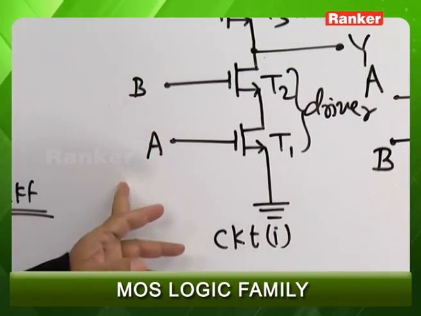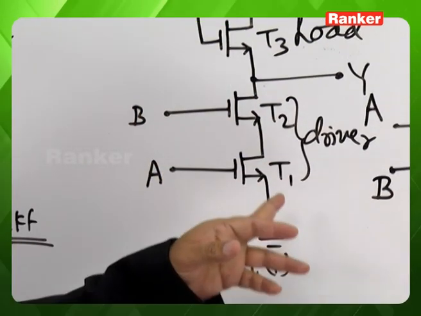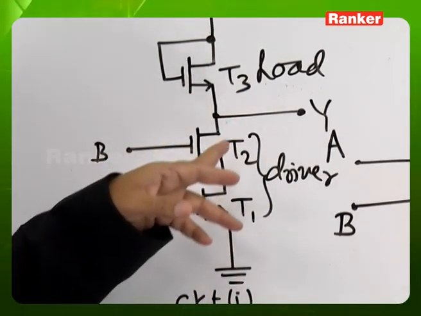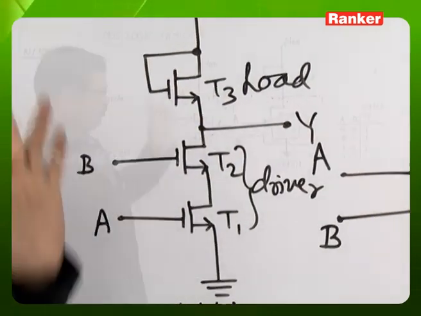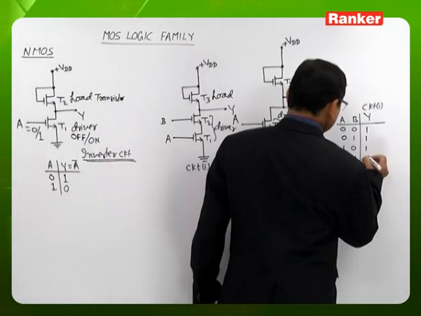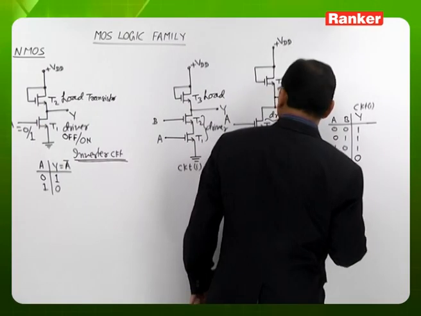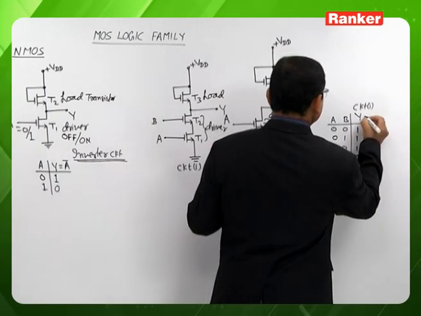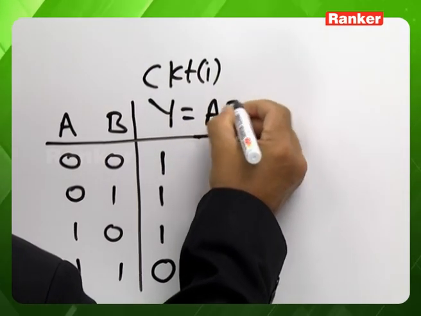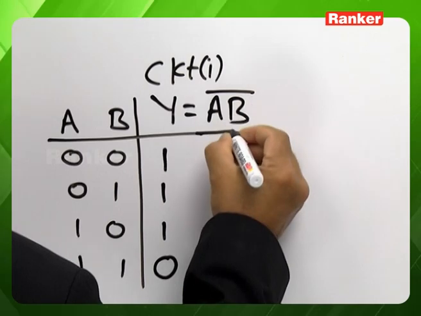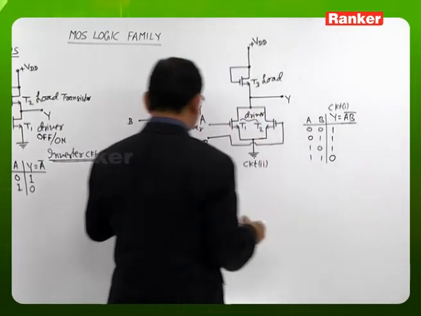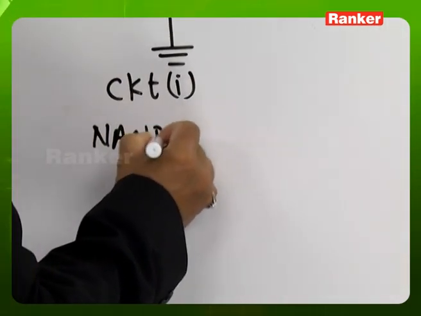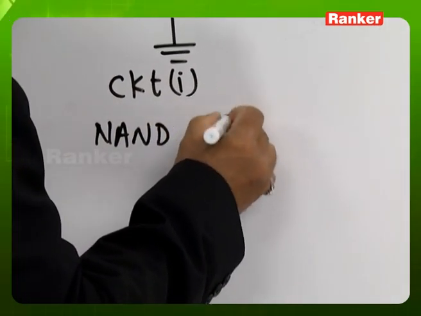Whenever A and B both are 1, T1, T2 both are on, hence output to the ground, the impedance is 0, so Y will be logic 0. That 0 potential we look at as logic 0. So we are looking at the circuit 1 operation as similar to a 2 input NAND gate operation. So circuit 1 is a NAND gate circuit.